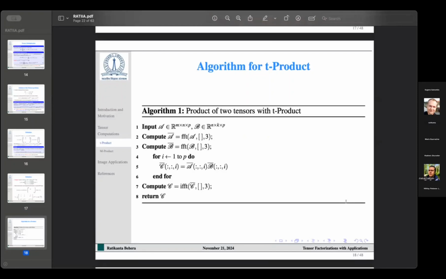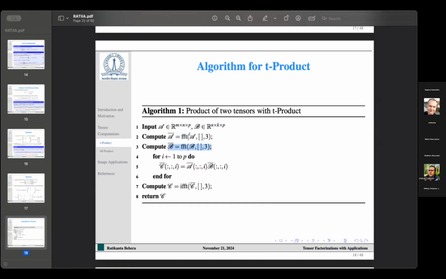Suppose you have two tensors, A and B. A is of this size and B is of this size. Then we compute A bar, or some different symbol, whatever you like, that is the FFT of A in the third direction. This is the MATLAB notation for the fast Fourier transform. And similarly B bar is like this. Then the product is simple, C bar equal to A bar into B bar.